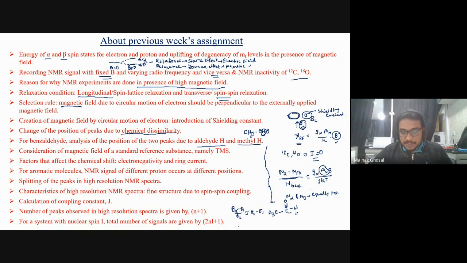So if you change B1 or B2, then the shift between these two hydrogens will change. Suppose you are measuring benzaldehyde, and you change this B, the external magnetic field, then your position will change. This will be very problematic.